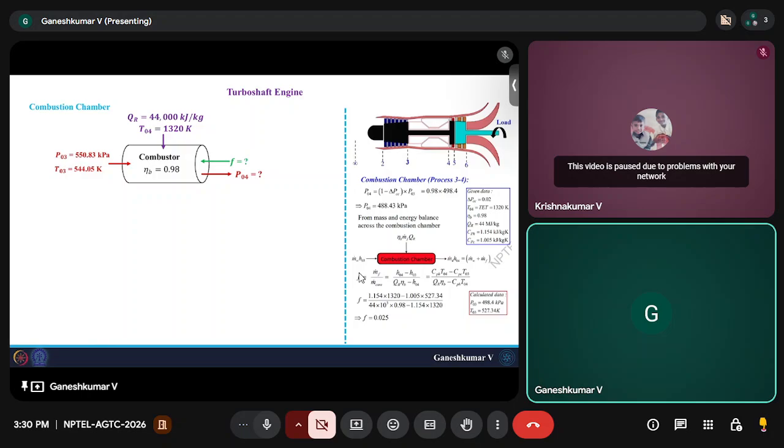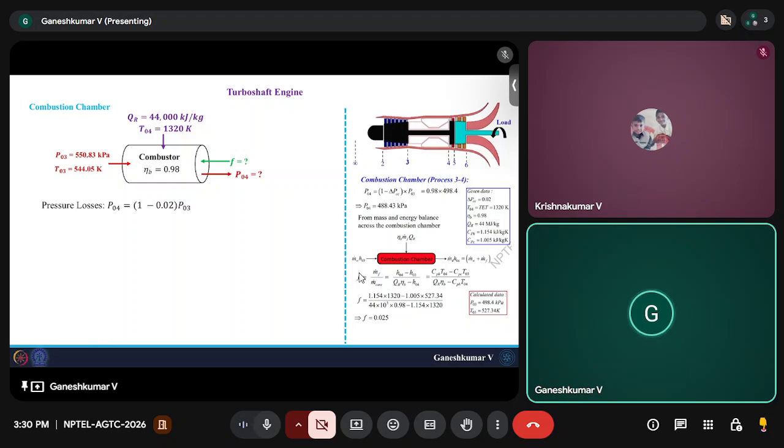So initially we will calculate the pressure loss across the combustor. The pressure of the air entering the combustor is 550.83 kilopascal, and 2% pressure is lost. Therefore, you would reach roughly 539.81 kilopascal. And for the combustor, you do an energy balance.